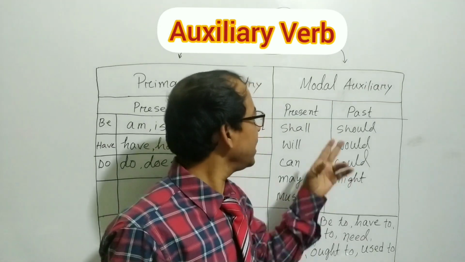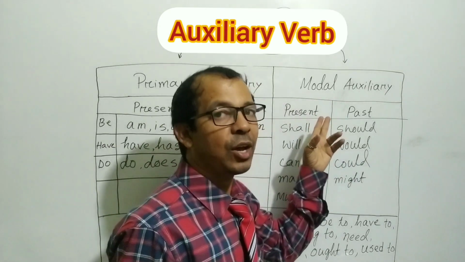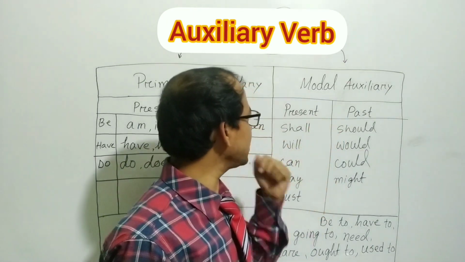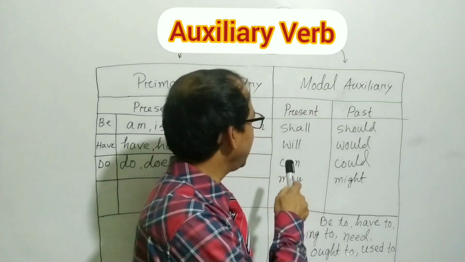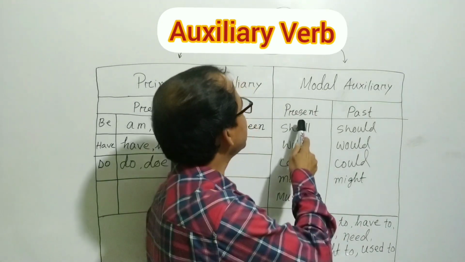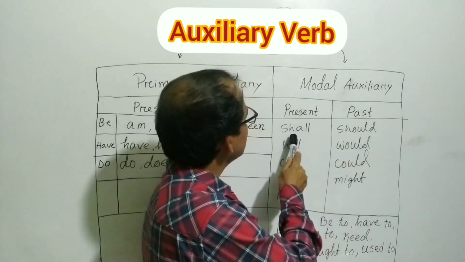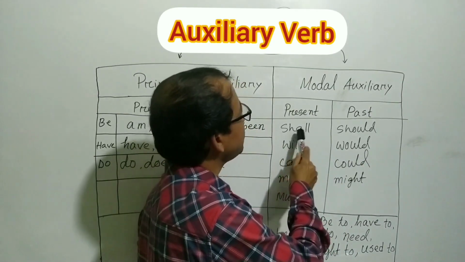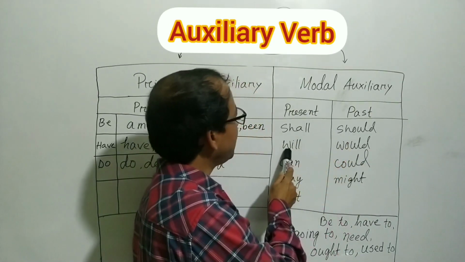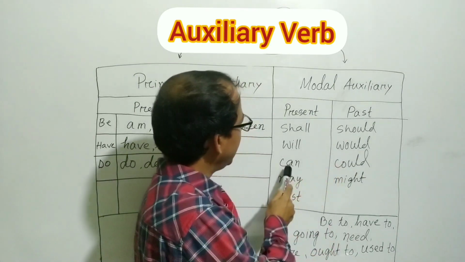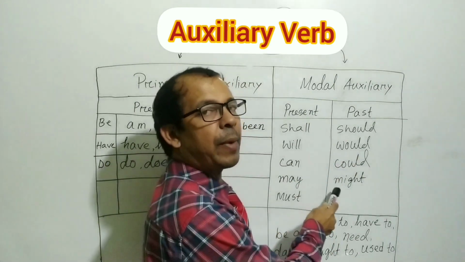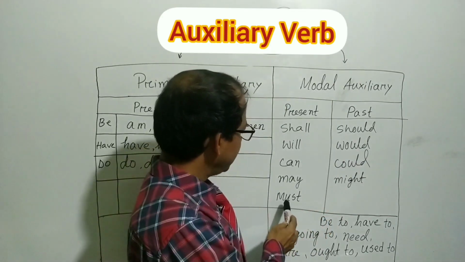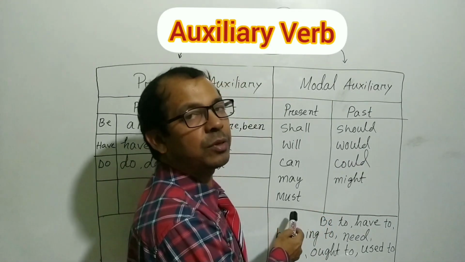So my dear student, modal auxiliary verb has two forms, present and past. So here shall present, past should, will present, would past, can present, could past, may present, might past, and there is no past form of must.